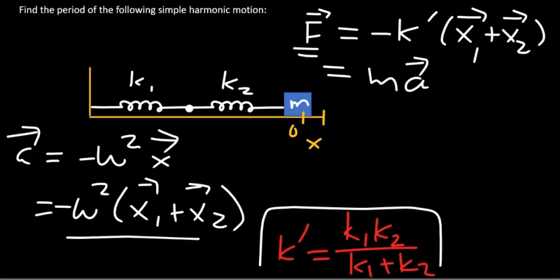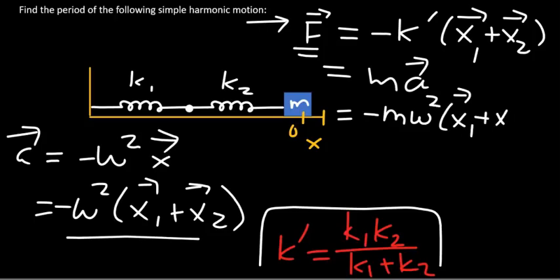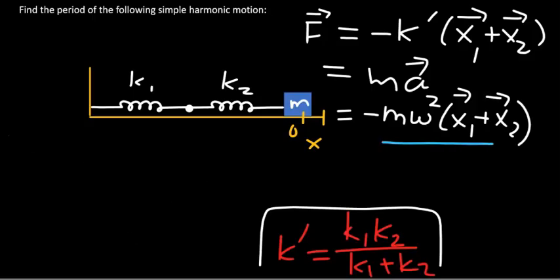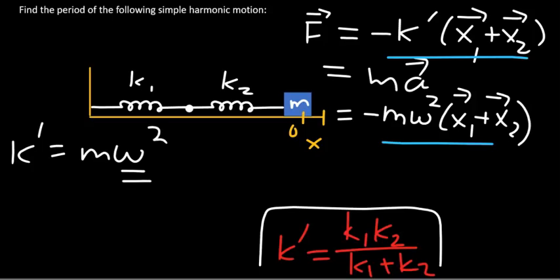Putting this expression in here, we get the net force to be minus m omega squared times (vector x1 plus vector x2). Equating these two expressions, we get K prime equals m omega squared, where again omega is the angular frequency that describes the oscillation of this system.